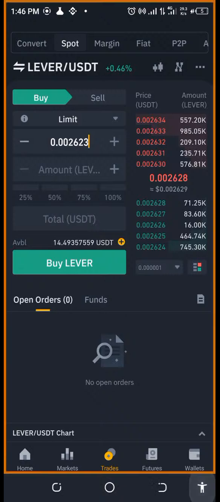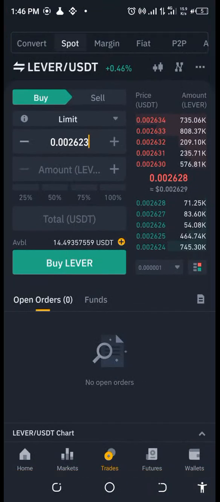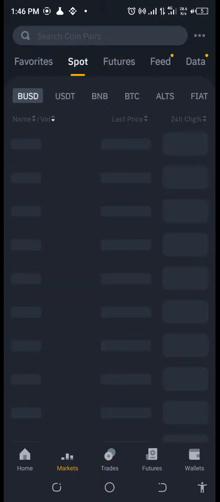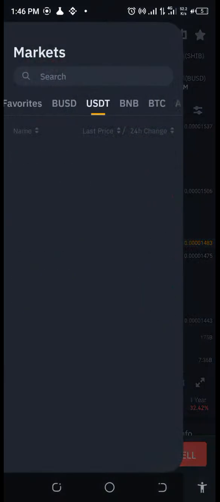So how much do we have here? We have 14.4935. Let's go back and check the high and low, and change it to lever USDT.